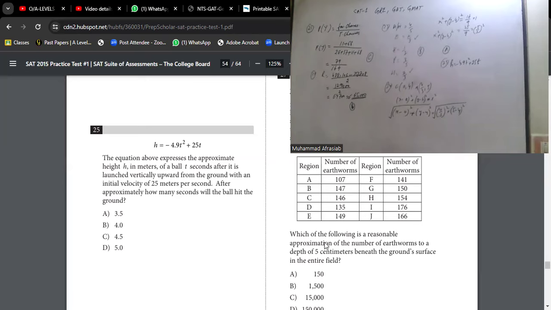And initially the velocity of that particle is 25 meters per second.